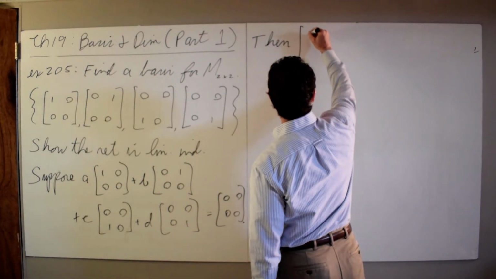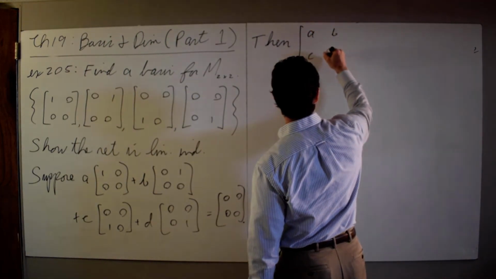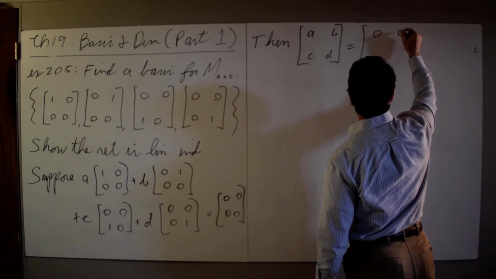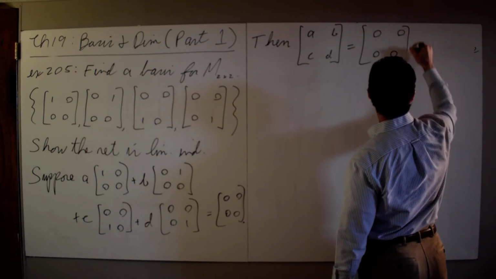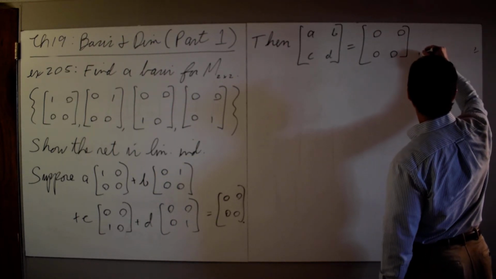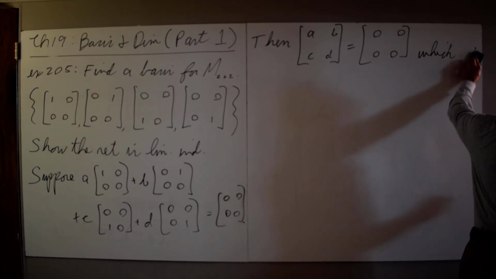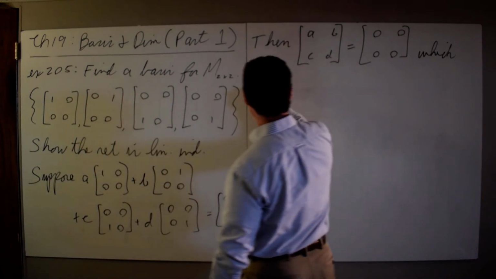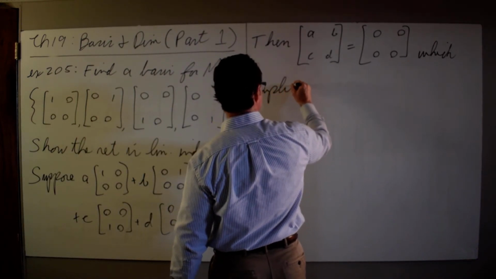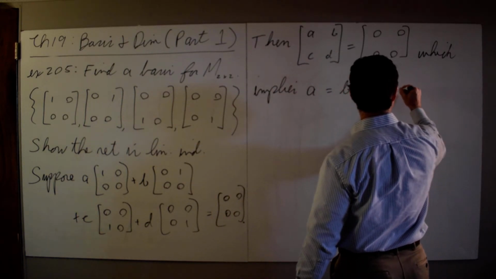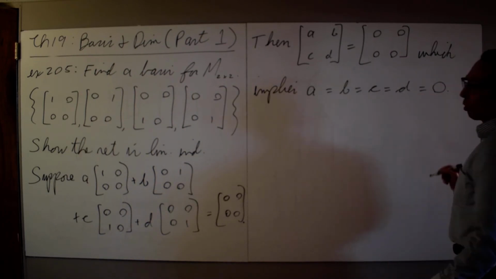We have the matrix a, b, c, d, which is the zero matrix. Which implies a, b, c, and d are all equal to 0.